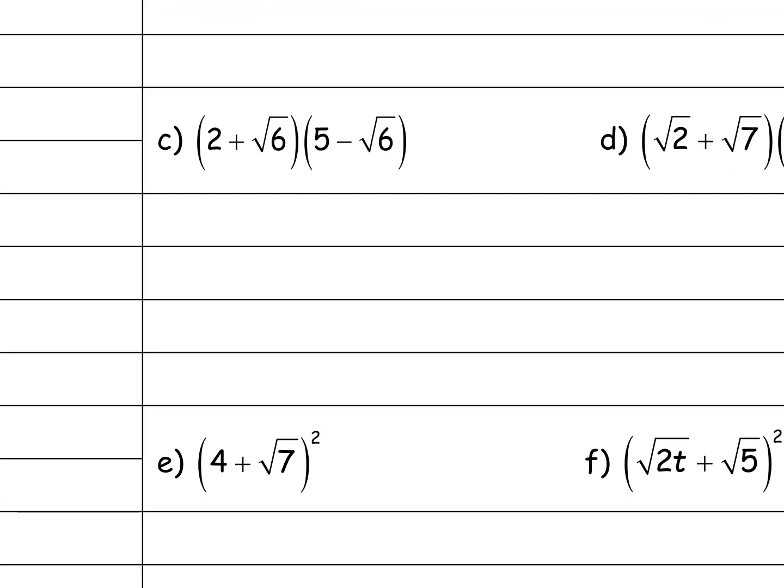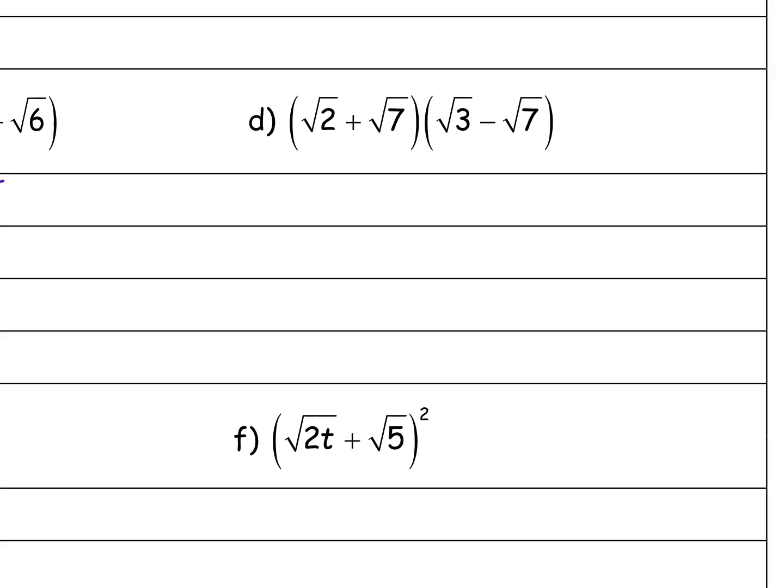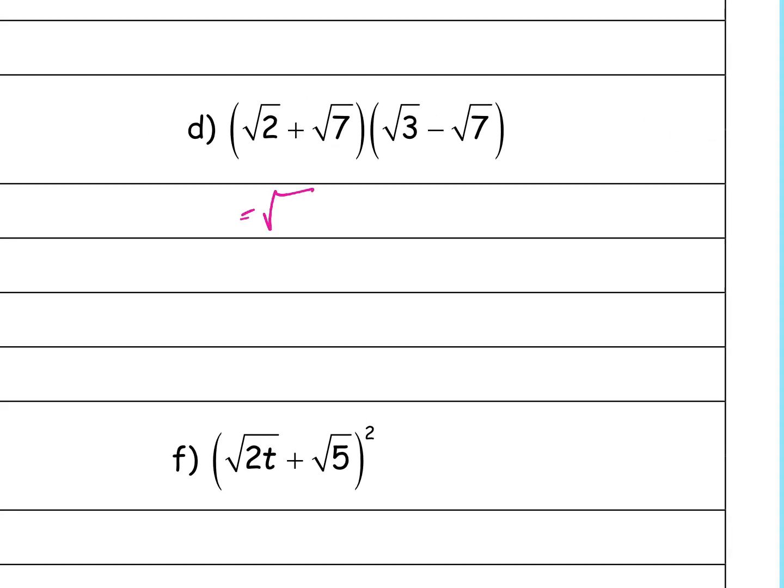C is 4 plus 3 square root of 6. Oh, and then D is fun. D is the square root of 6 minus the square root of 14 plus the square root of 21 minus 7. And there's nothing in common. Can't simplify anything. Done. Okay.